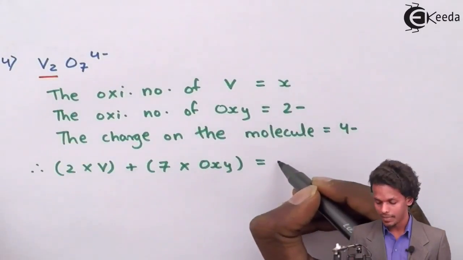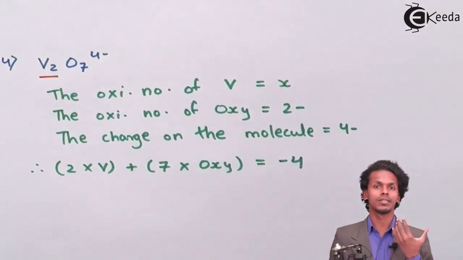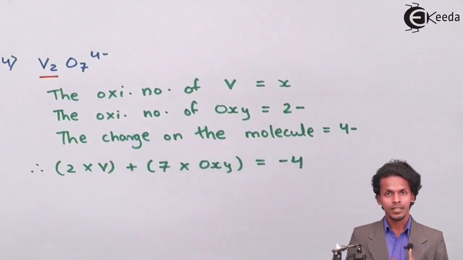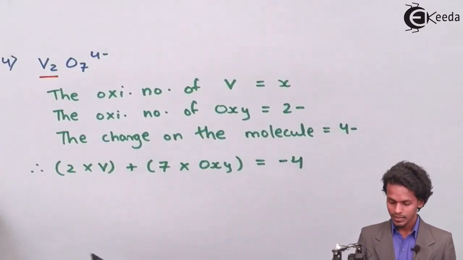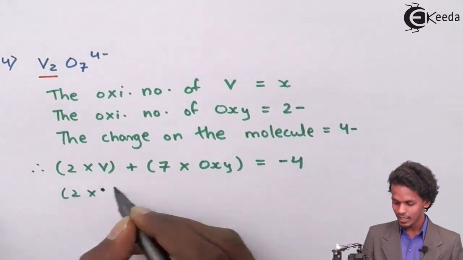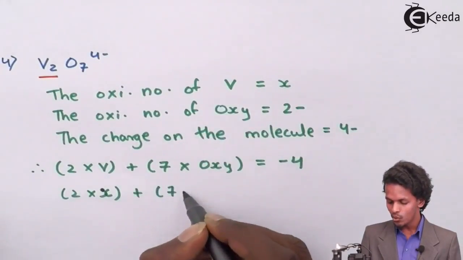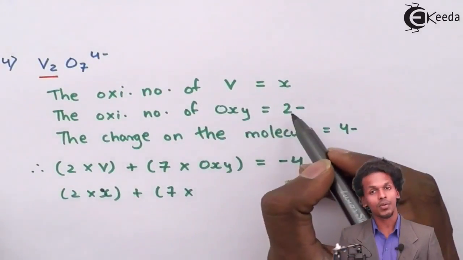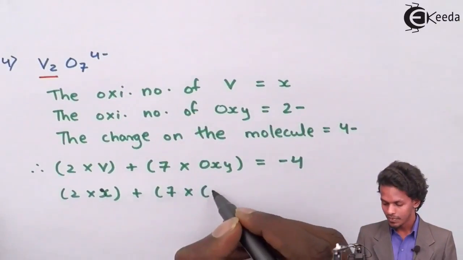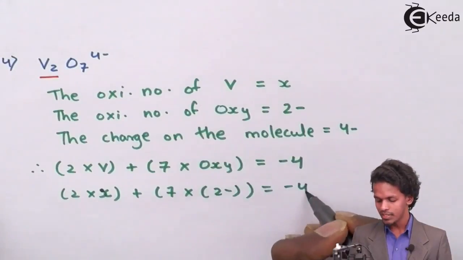I could represent it by minus 4 also, for better solving of this problem. So therefore 2 into vanadium, that is represented by small x, plus 7 into oxy. This oxy has an oxidation number of minus 2. So I could represent it this way, and the overall charge is minus 4.